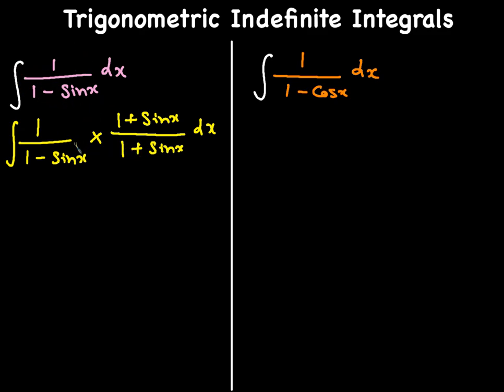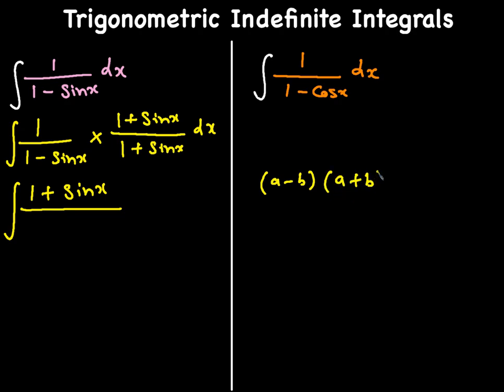So 1 multiplied by 1 plus sine x gives me 1 plus sine x, and the denominator 1 minus sine x multiplied by 1 plus sine x is, if you remember, a minus b multiplied by a plus b, which is equal to a square minus b square.